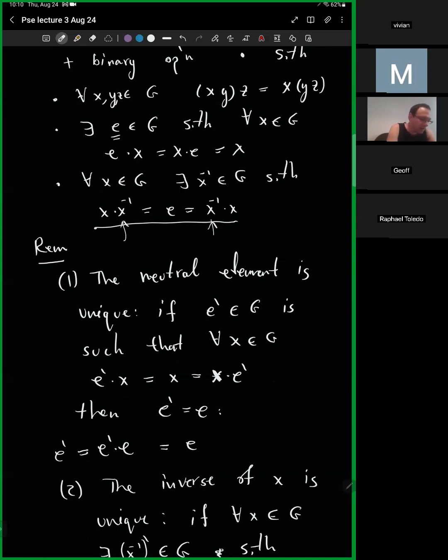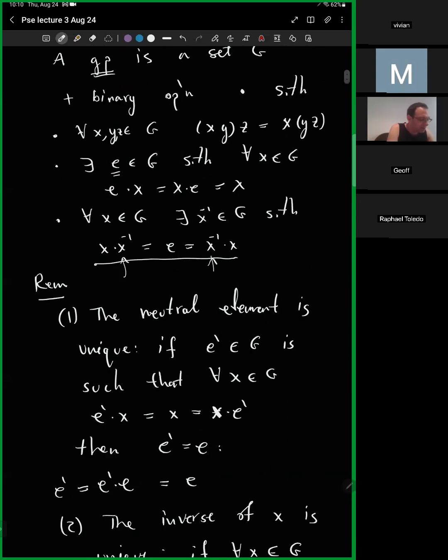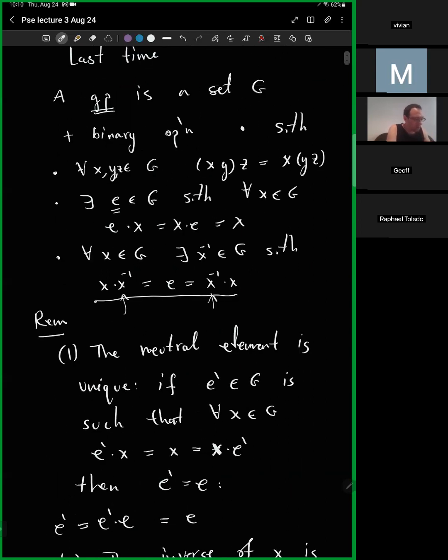And of course, these remarks tell you that you could have formulated the axioms slightly differently, and you would get the same notion. But the way it is written above is the standard way to define it. Okay.